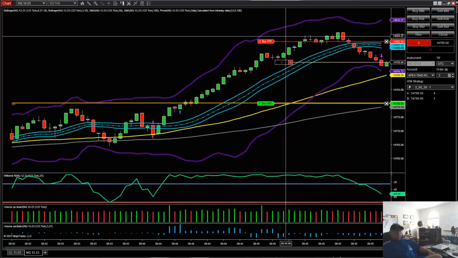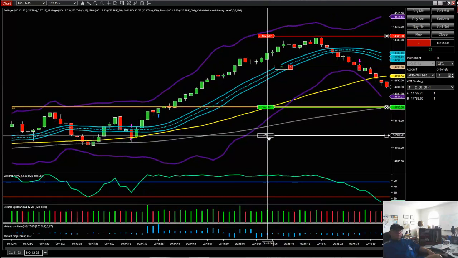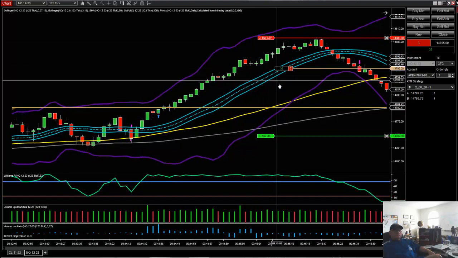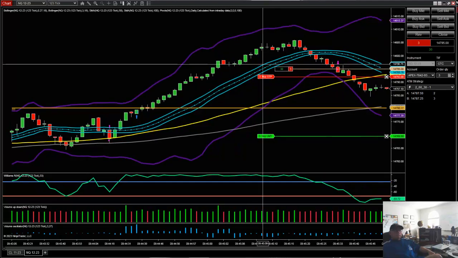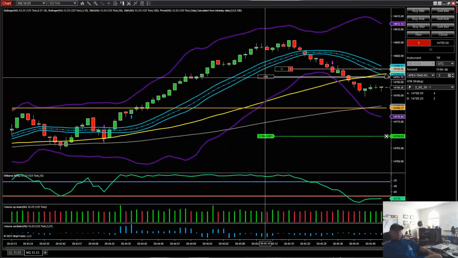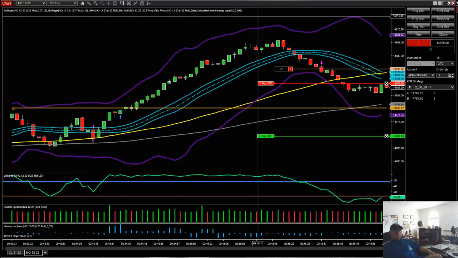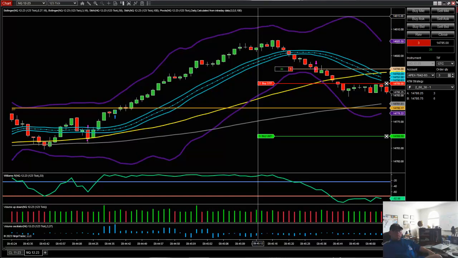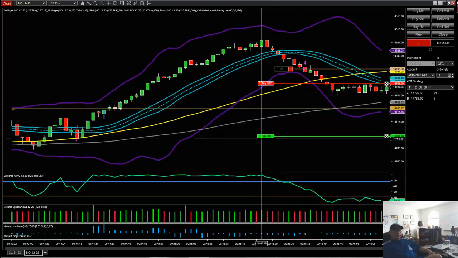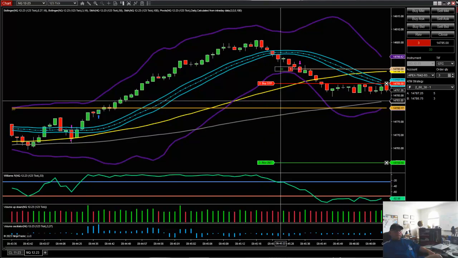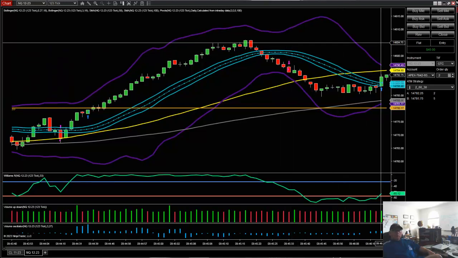Order filled. Trying to see if we can get back to pivot here. Stop filled. Up 40. 4 trades.